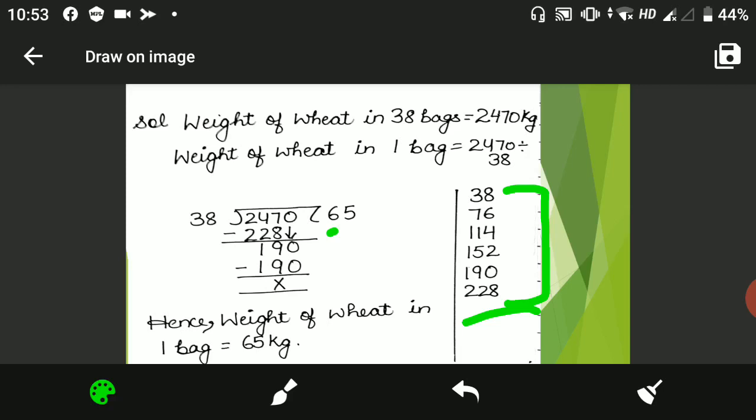Clear? Now subtract it. You get 19. Now you take 0 from up and it becomes 190. Now see, in the 38 table, 190 comes on which position? It comes on 5th position. So I have written 5 over here and 190 down of 190. 190 minus 190 is 0. Then you write the hence line. Hence the weight of wheat in 1 bag will be 65. Clear?